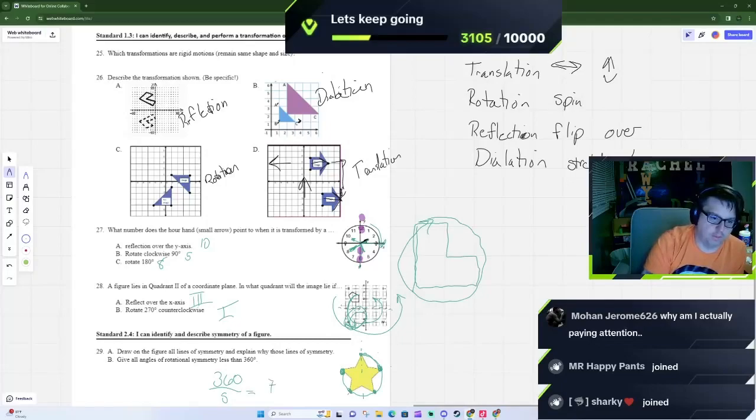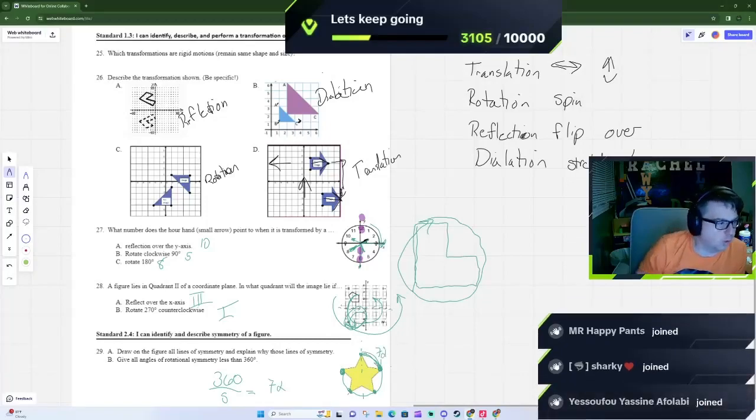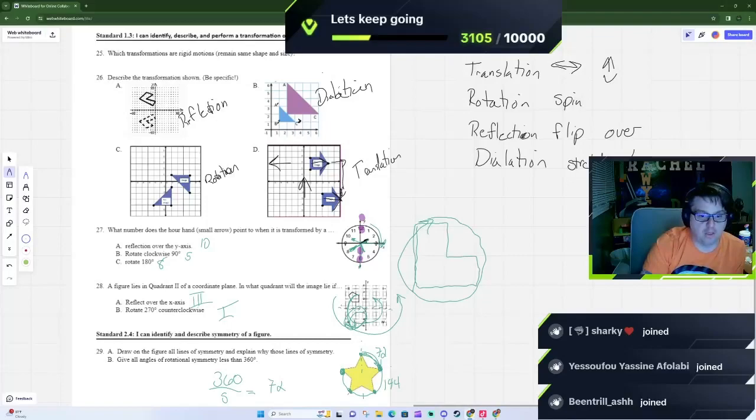That's 72. So that means this is a 72 degree rotation. And then this is going to be 144 degrees. Then you're going to add another 72 onto it, another 72. And then once we get back to 360, it's almost like you started at the very beginning.